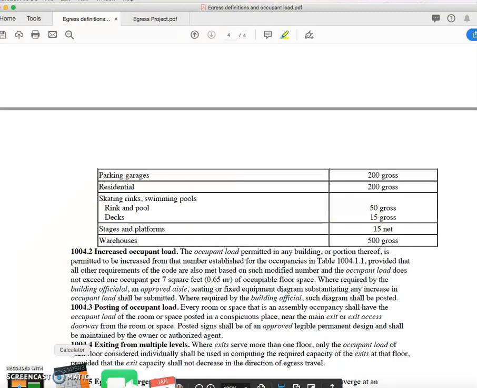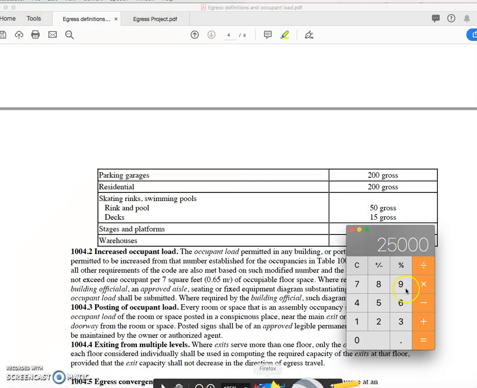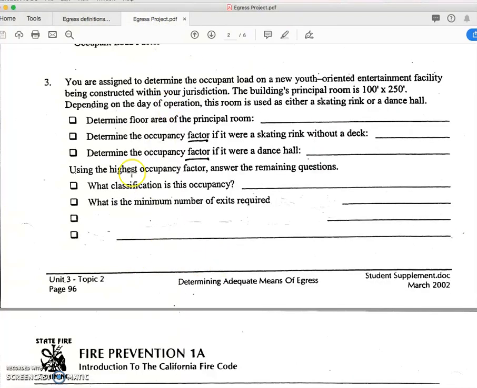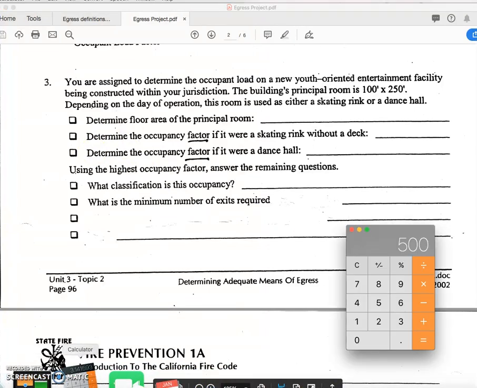So we're going to go with that number, 50 gross. 25,000 divided by 50 equals 500. So the occupancy factor would be 50 if it was a skating rink without a deck, and then we'd get our number of, was it 500? Yeah, 500 as how many people could be there.